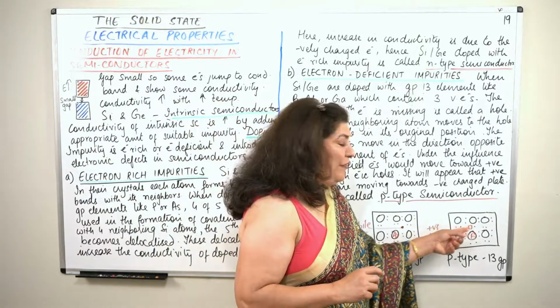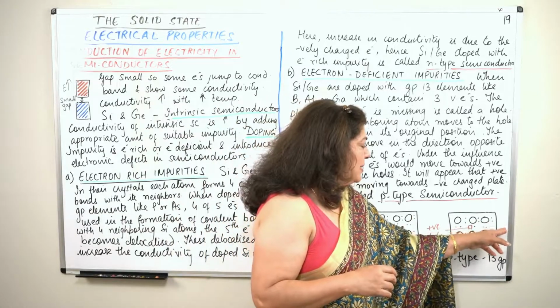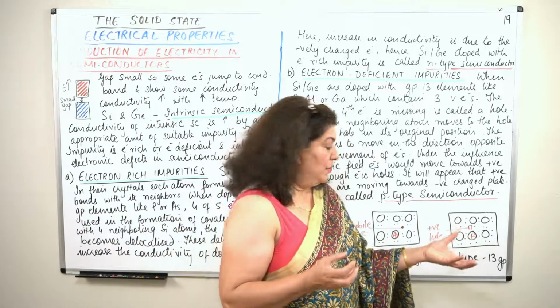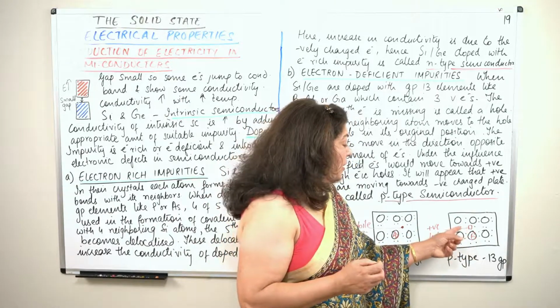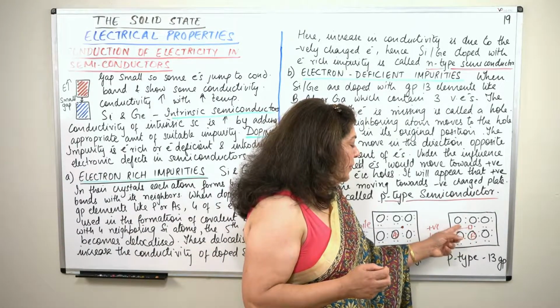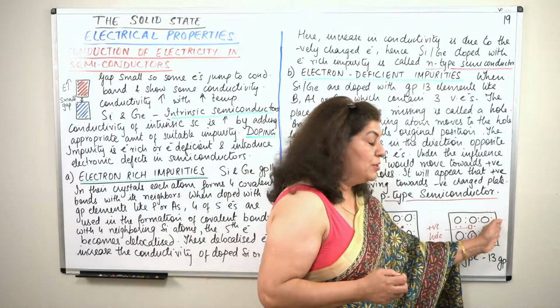And the flow of electrons to fill up that hole will be in that direction. Let us say this is the positive terminal connected to the silicon sample. So the electron here will move towards this, and the hole will move here, and the electron will move here, because all electrons will try to move towards the positive charge.